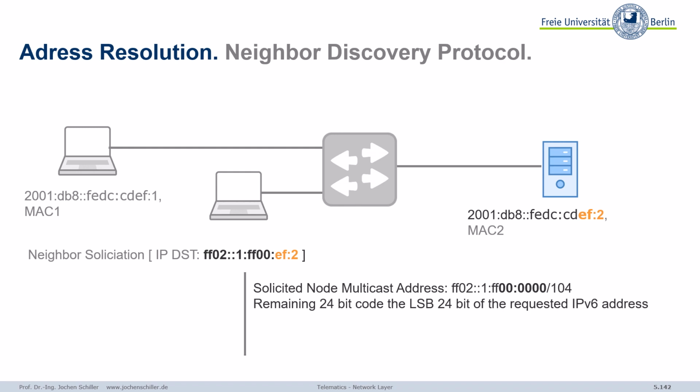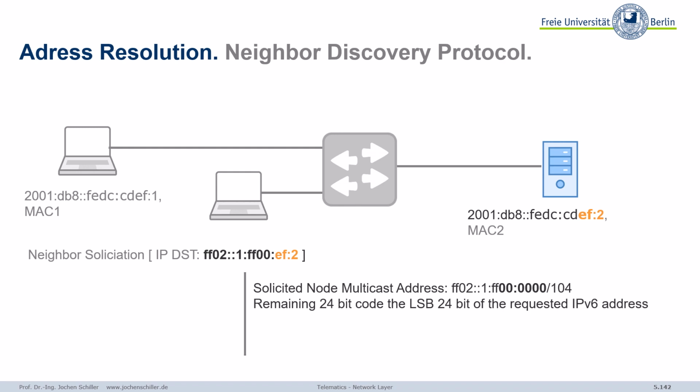So we do not have a special protocol like ARP, but because we have so many bits for addresses, we have a special address that works as, well, an ARP request. So the neighbor solicitation, our ARP request, well, it's not called the ARP request, but that was the ARP request for IP version 4.